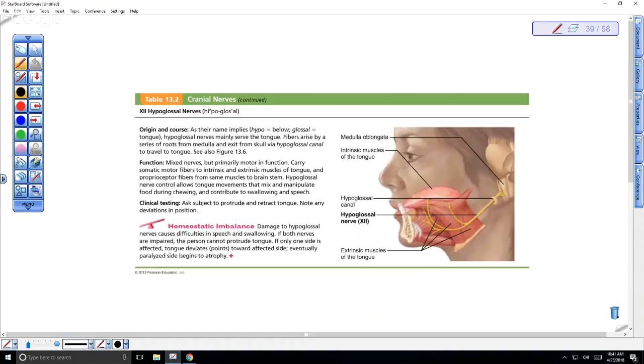Glosso means tongue. And so we also have the glossopharyngeal, but we also have the hypoglossal. So glossal means tongue region. And the hypoglossal is interesting because this is the one that is important in chewing, swallowing, and speech.